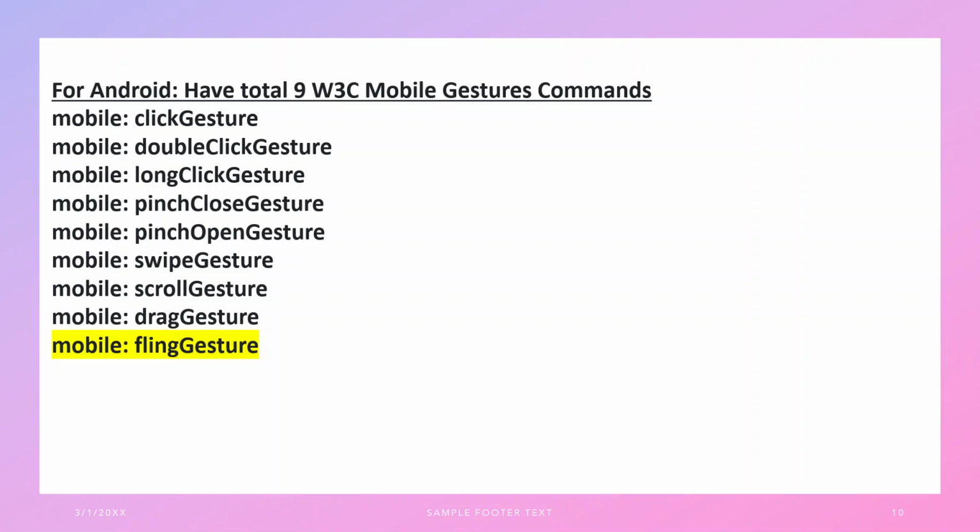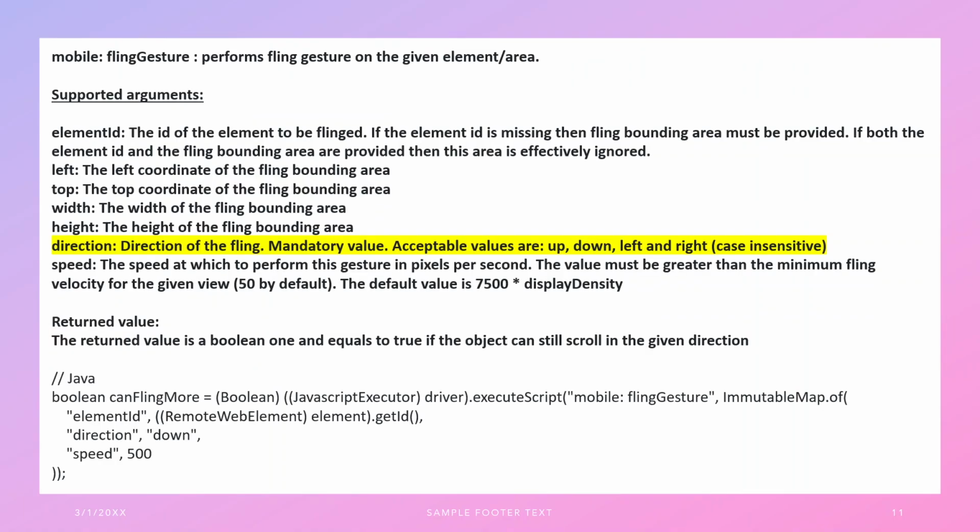Further, we'll see what exactly the mobile: flingGesture command is all about. It performs a fling gesture on a given element or an area, which means we can perform the fling gesture on an element or on an area. In this video we are performing the fling gesture on an element.